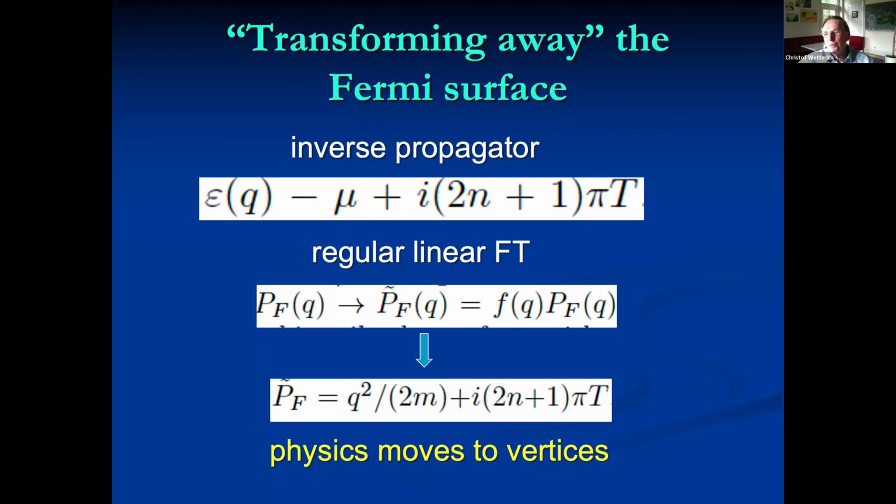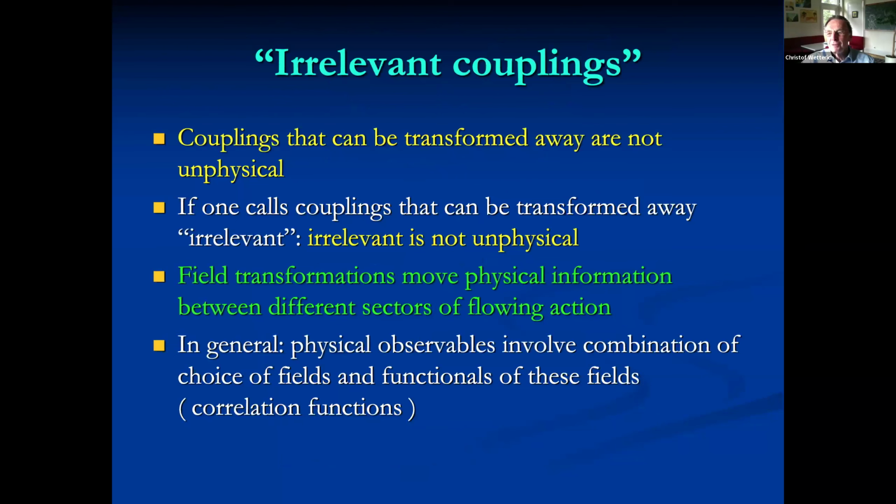And it's, of course, much more difficult actually to take out again from complicated vertices the simple information that has been in the Fermi surface. So already at this point, I think we have a pretty important lesson, namely that couplings that can be transformed away, they are not unphysical.